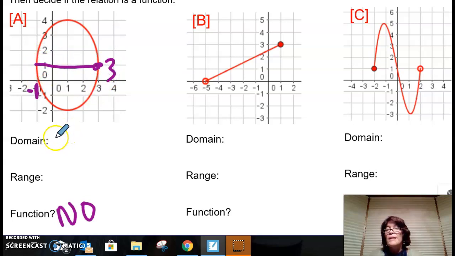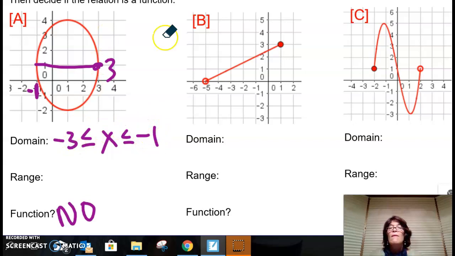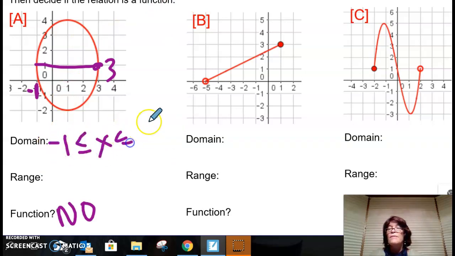So my domain goes from -1 to 3. My smallest x value is -1. My biggest x value is 3. Do you guys see that? -1 to 3.